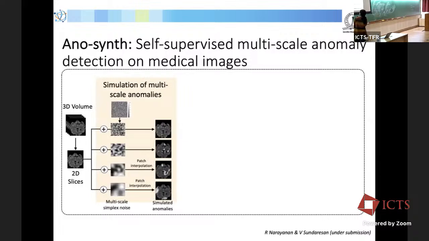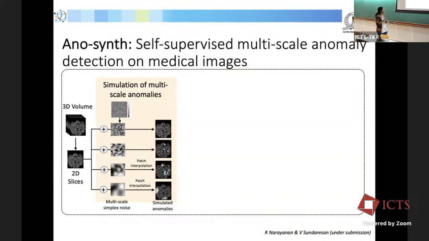So multiple scales of anomalies. We take a normal noise, so it can be a Gaussian white noise, and then we take it in different frequencies. That determines how much spread, what is the size of lesion we are aiming for, and also the smoothing factor, which would give us the extent of the lesions.